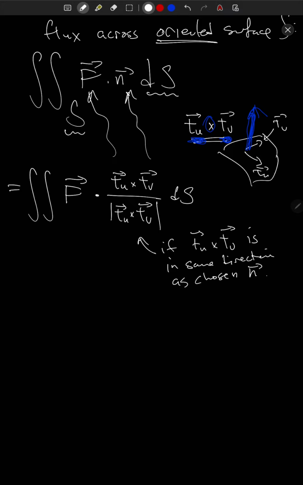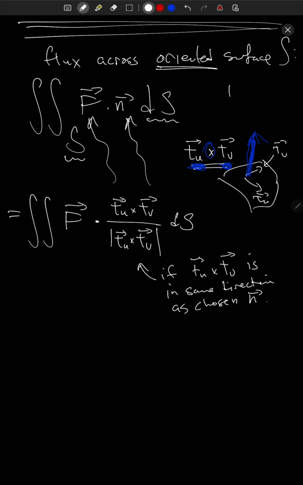Okay, so let me give an example here. Let's say I'm calculating the flux across the surface of a paraboloid, where the normal is chosen to be pointing upwards, so the normal is pointing in the positive z direction. That would be an orientation for my paraboloid.